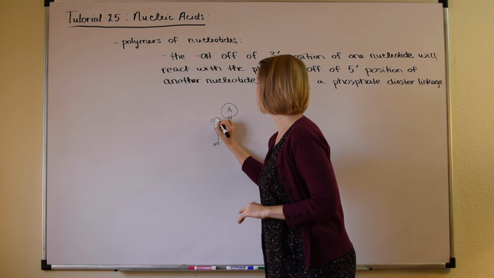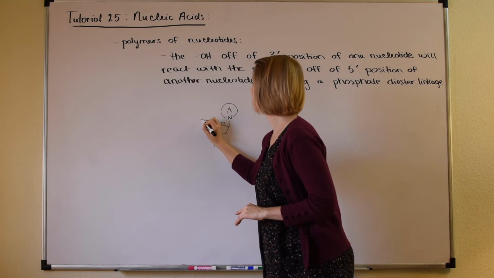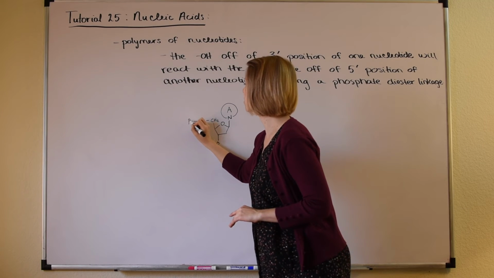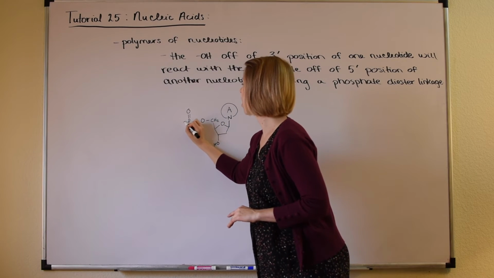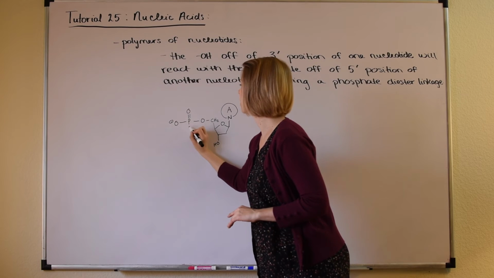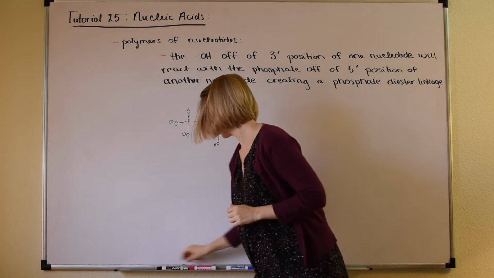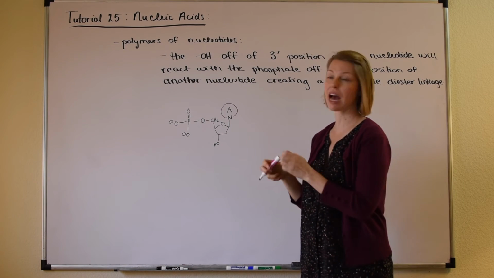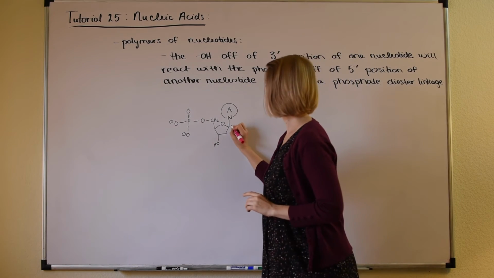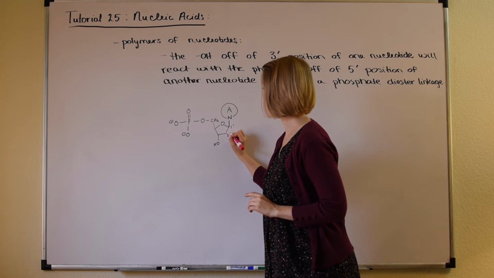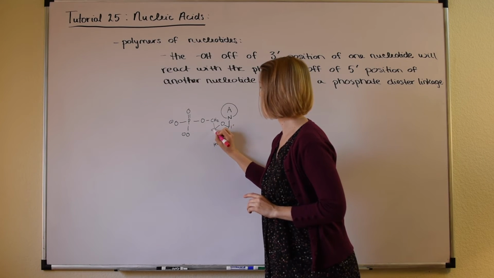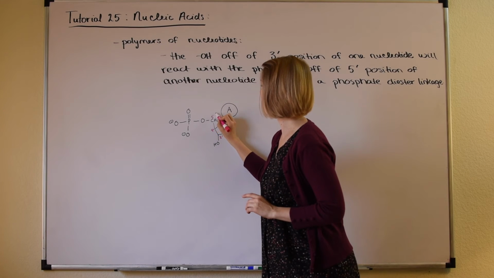And then we've got our CH2 to our phosphate ester of our nucleotide. Okay, so here's one nucleotide, and let's label in pink our 1', our 2', our 3', our 4', and our 5' position.